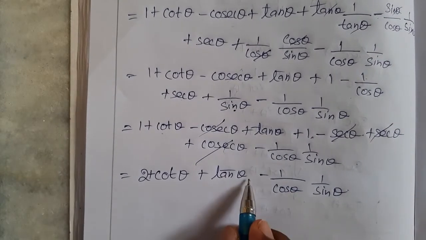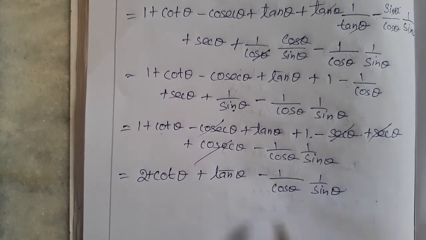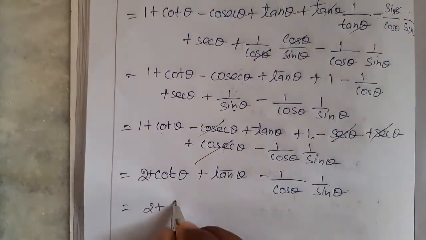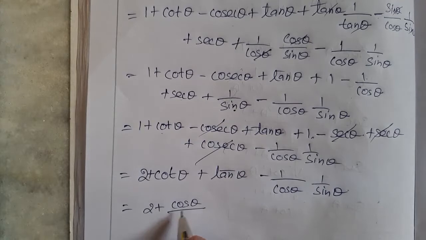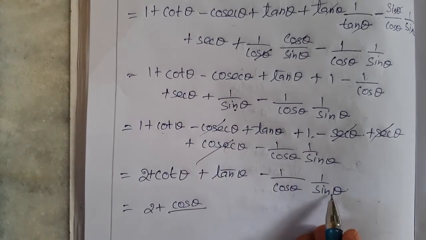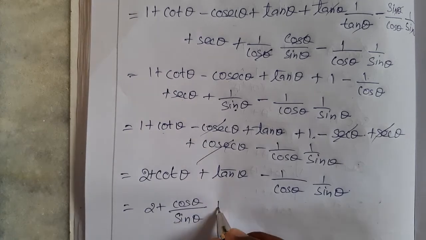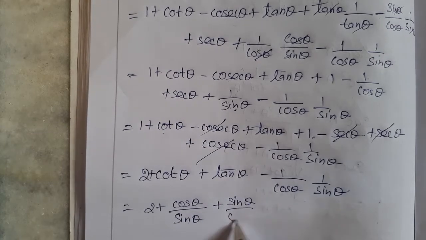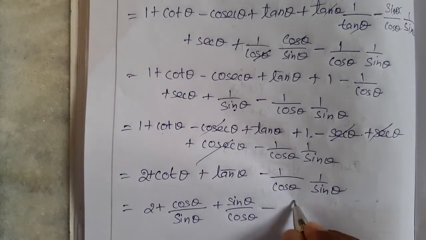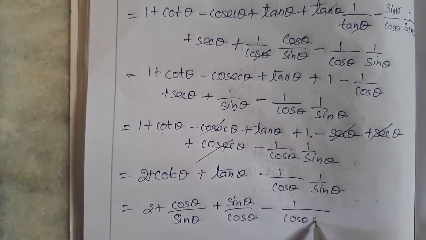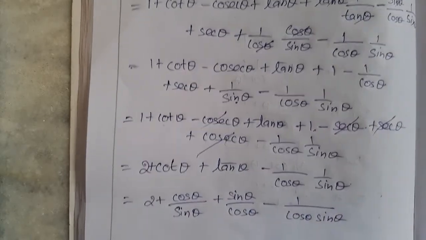So let me represent this cot and tan also in the sin and cos terms. So we will get 2 plus cos theta by sin theta plus sin theta by cos theta minus 1 by cos theta sin theta. So let me take an LCM.